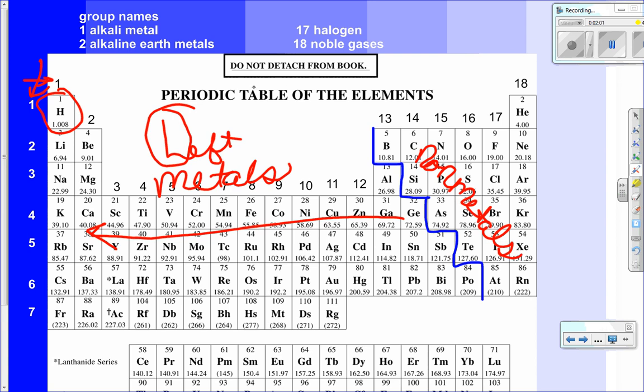Now also notice that this periodic table does not have the written words of the elements, and so you really need to spend some time memorizing the elements that you do not know. Now you're not going to spend a lot of time at the bottom with the lanthanide and actinide series, and there are several of the elements, especially the ones near the bottom, that you won't really be dealing with.